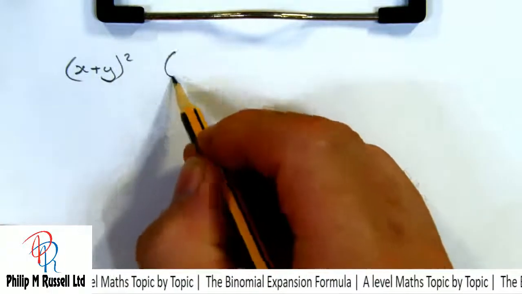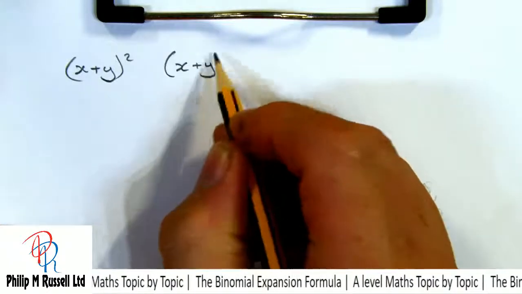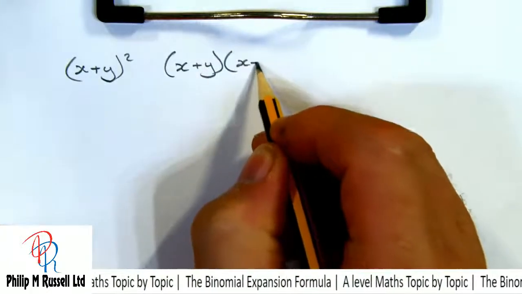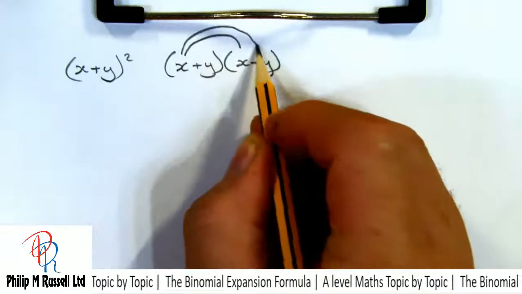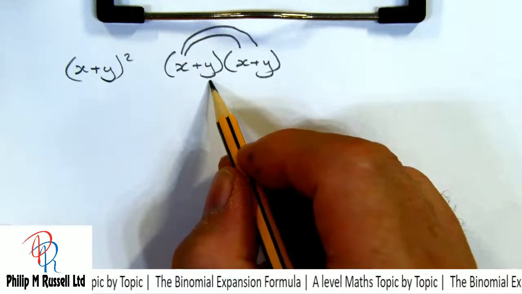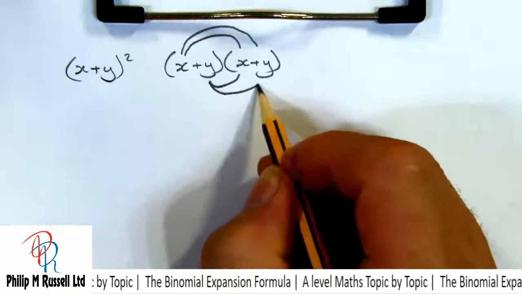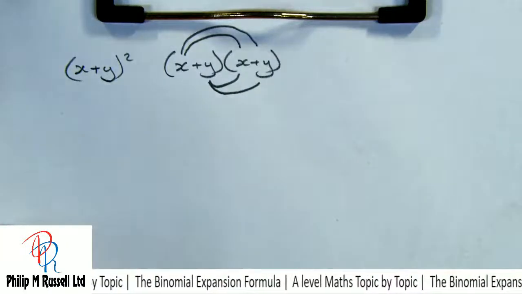We simply think of this as (x + y) times (x + y). We multiply x by y and x by x, and then y by x and y by y.